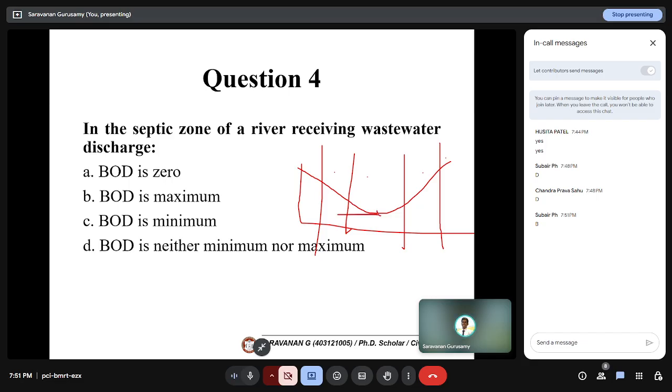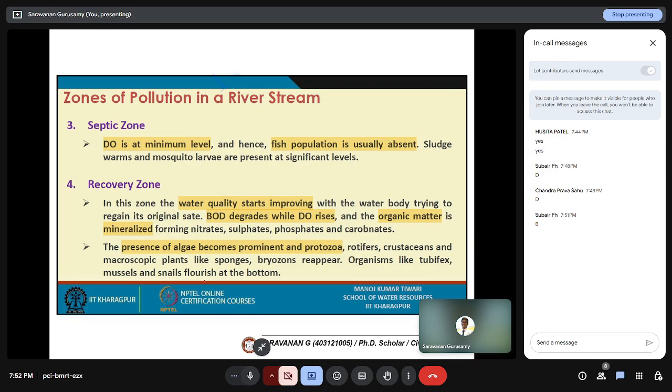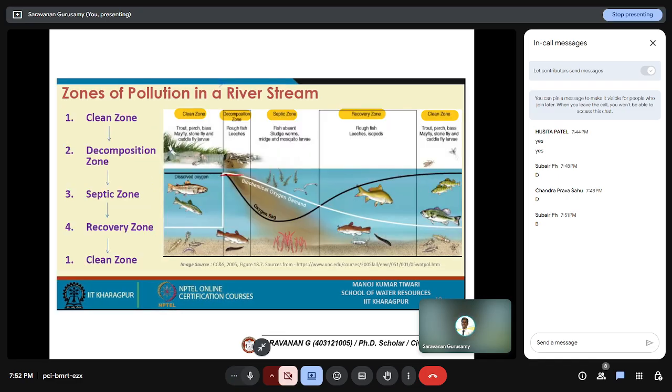DO will be minimum, but BOD can be anything. BOD will get reduced. So we don't know. At the septic zone, DO is minimum, but they didn't mention anything about BOD. See, BOD will keep on decreasing. Minimum will happen at the end, again at the clear zone only.